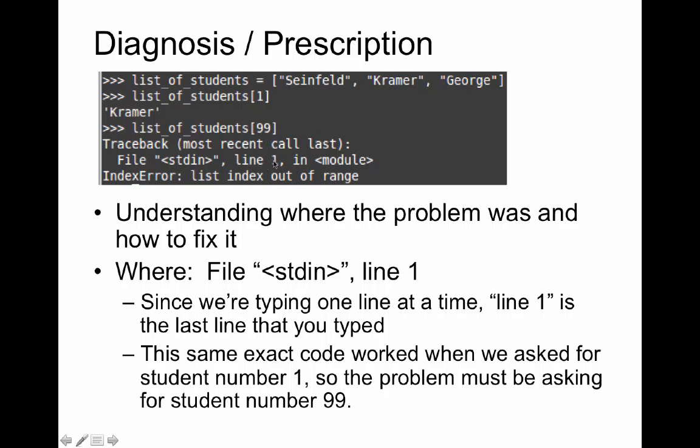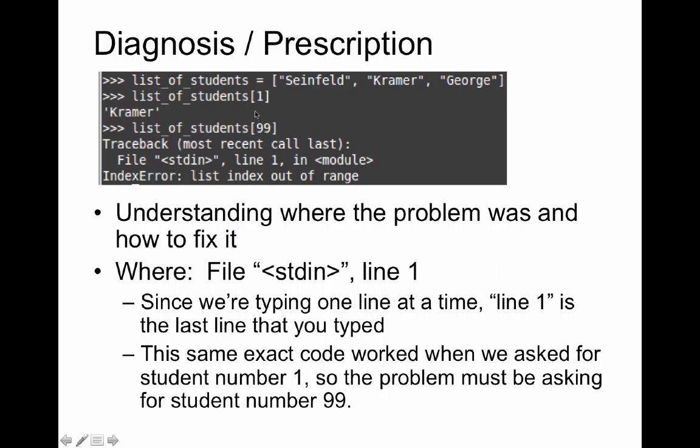So it tells you the last thing you typed in, list of students, crashed. That's what this means. So again, just to read it out, in the standard input, the last line you typed in, there was an error. And the error was index error, and specifically it says the list index was out of range.